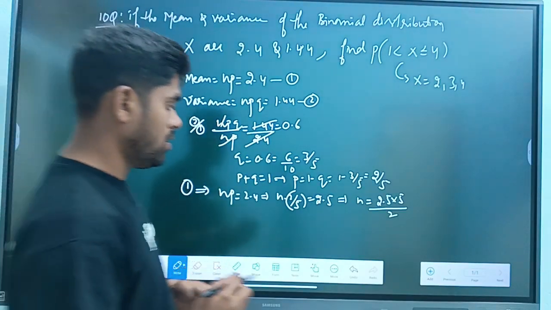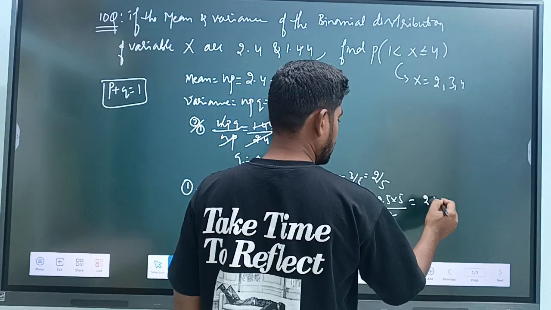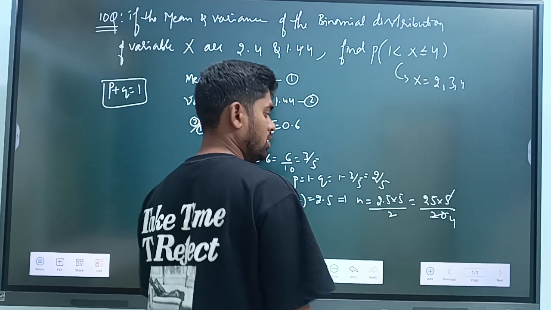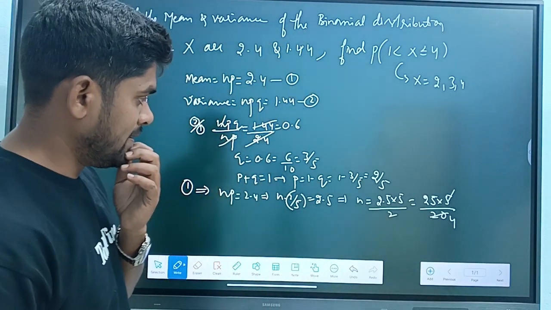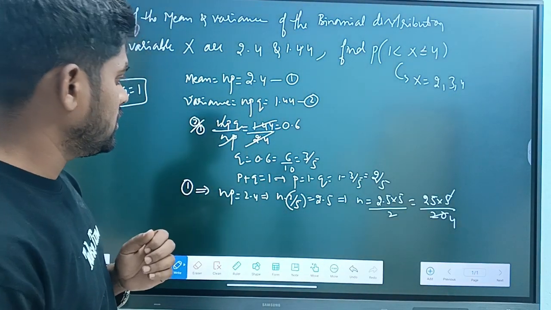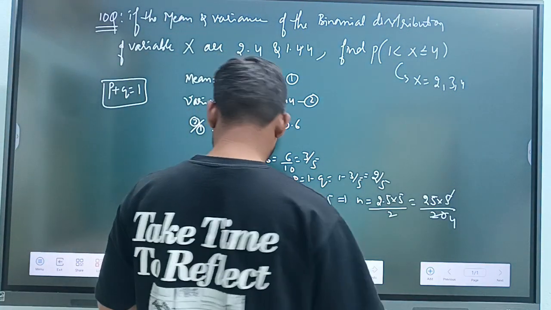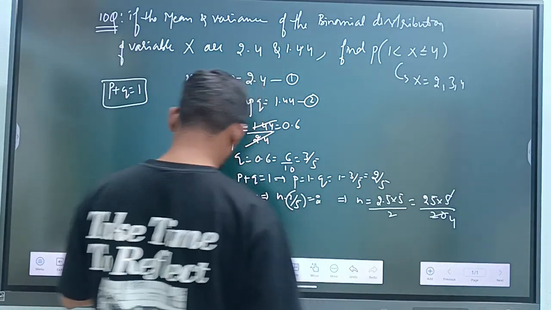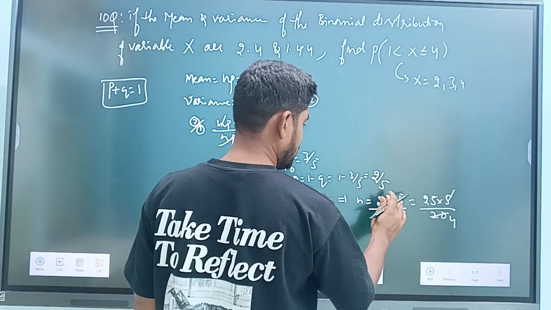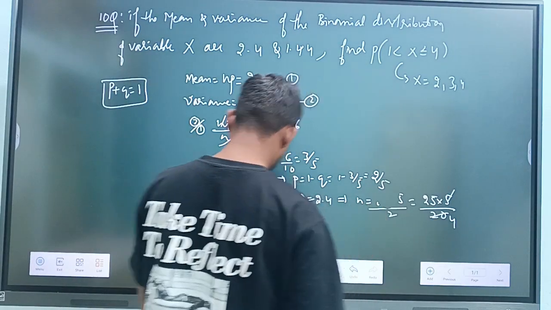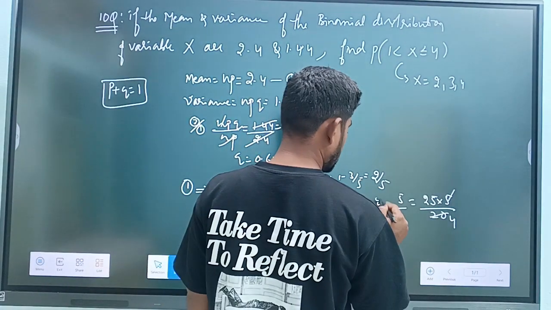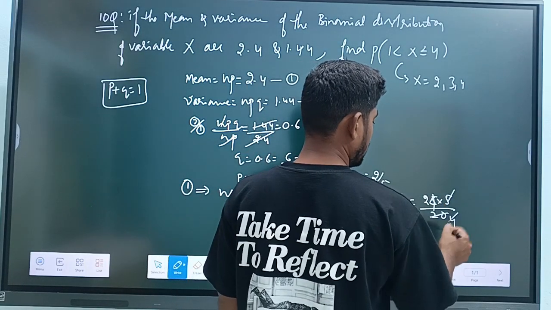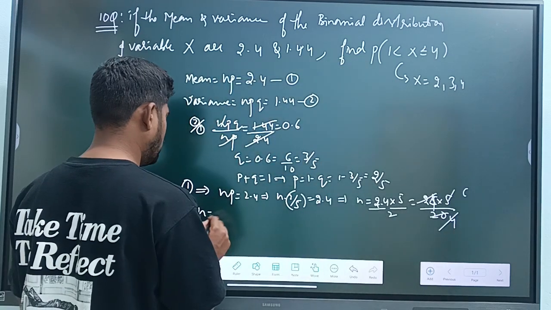Simplifying, 4 times 1 is 4, 6, so clearly we got n equal to 6.